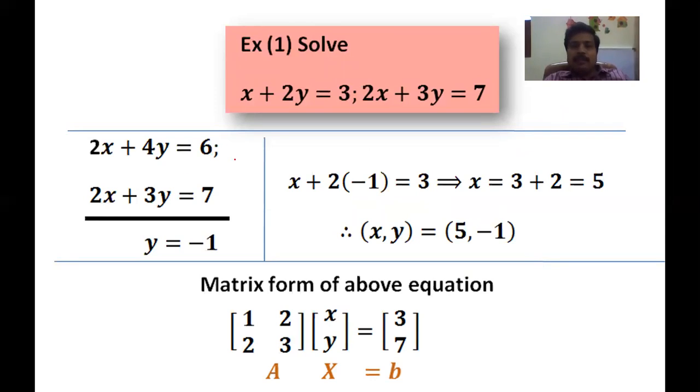Even 3 by 3, when 3 unknowns and 3 equations are given, it will take some time. If we go to 4 by 4, it will take a lot of time. It will take months to solve such equations where unknowns are more.